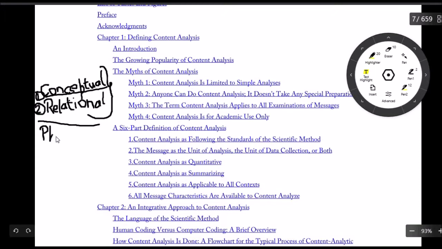Before I enter into the definitions and everything, remember that content analysis can be performed on photos. In short, I'm writing it out, or the better way to call them is photographs. Number two, you can work upon films, and if you come from the Department of Journalism and Mass Communication, you will see that there is a difference between films and movies.